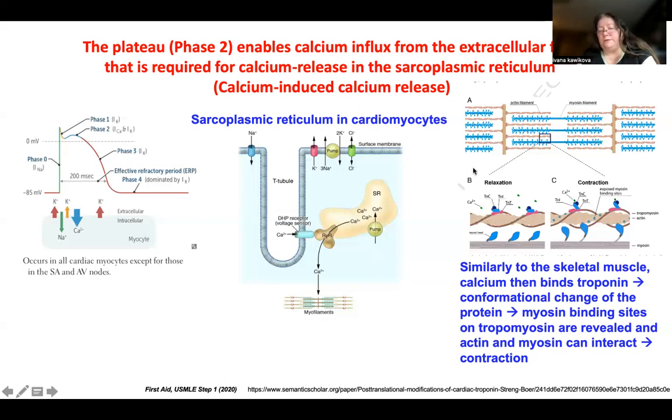But when calcium comes, the calcium changes the conformational position of troponin. The tropomyosin is more relaxed. And now you see newly those blue dots here, which are the myosin binding sites on actin. And when this happens, then these heads of myosin can now bind to these binding sites, and the actin and myosin can slide, and contraction occurs.